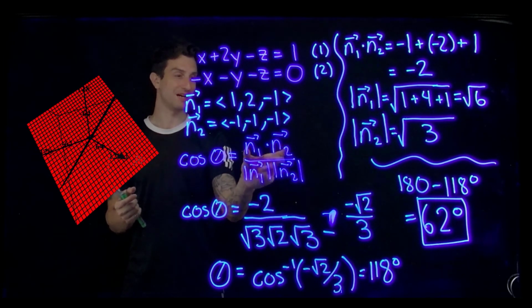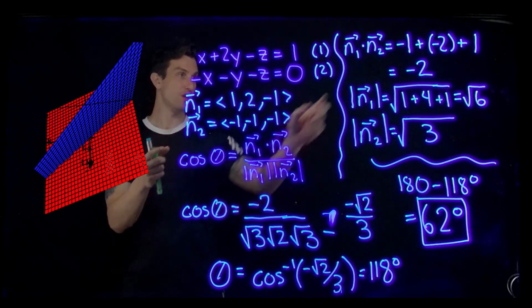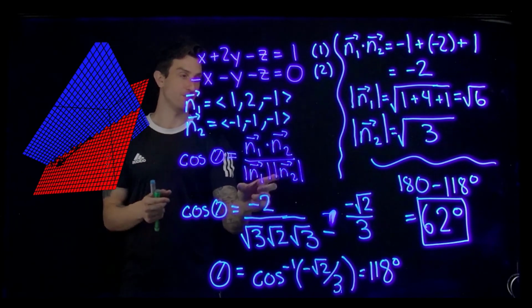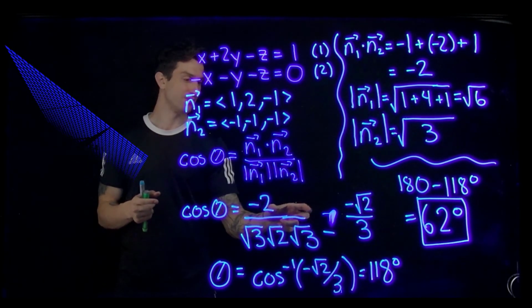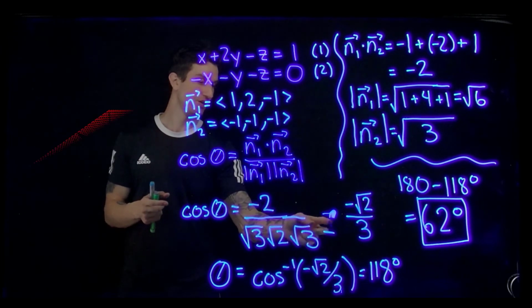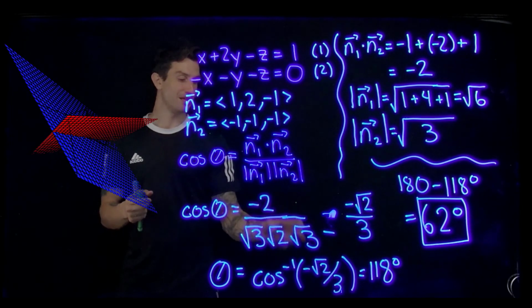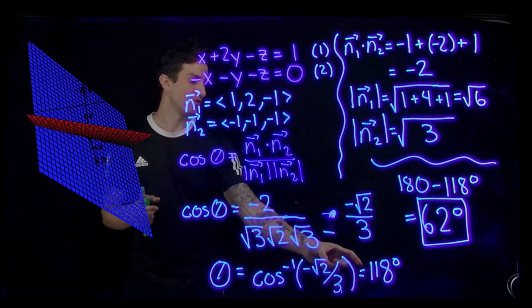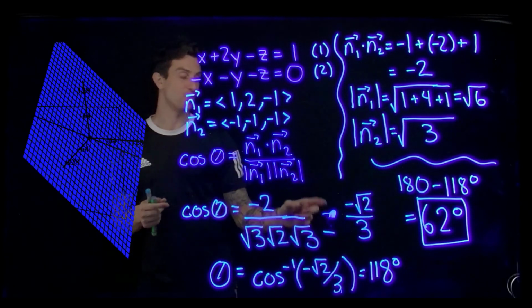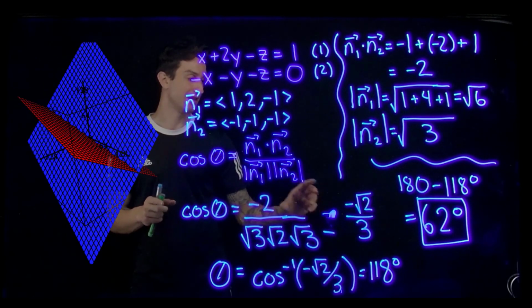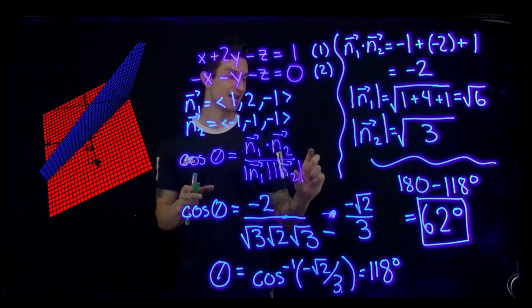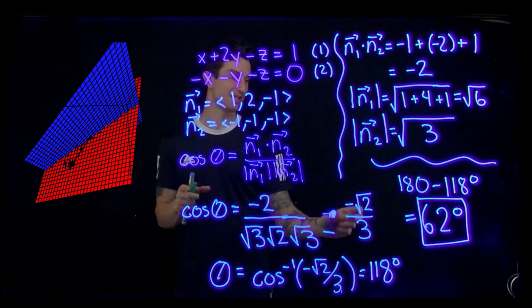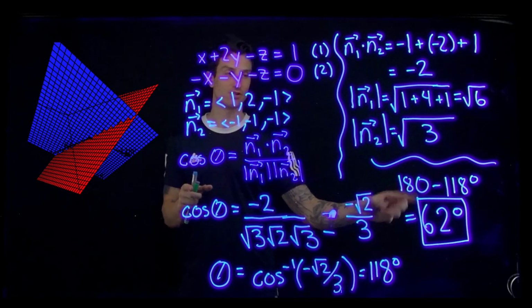Computing the dot product of n1 and n2, we had -2. Computing the magnitudes, root 6 and root 3. We made some algebraic simplifications, and ended up with our cosine. We had 118 degrees, and again we define the angle between two planes as the acute angle. So instead of the 118, we wanted the 62 degrees.